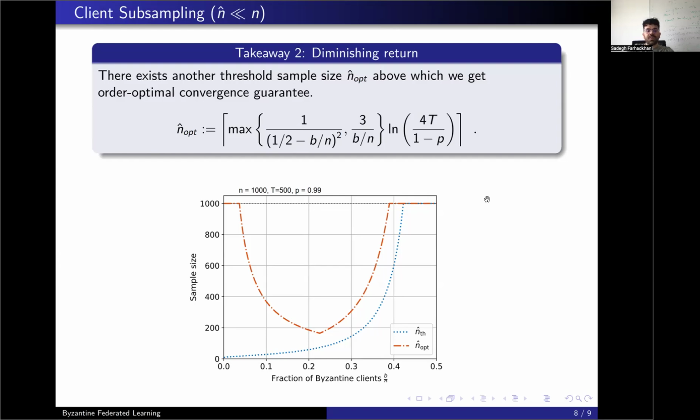There is another threshold value, called n hat opt here, and when you reach this value, you actually get order-optimal convergence guarantees, which means that increasing the sample size after this point does not give you any improvement in terms of the rate of convergence. We call this phenomenon diminishing returns in the paper.